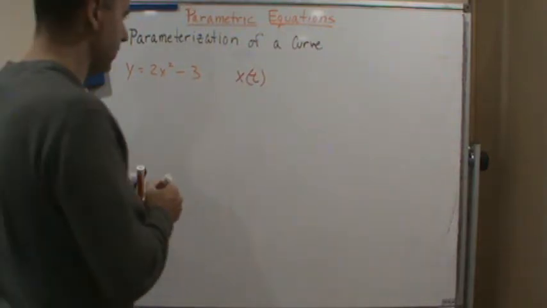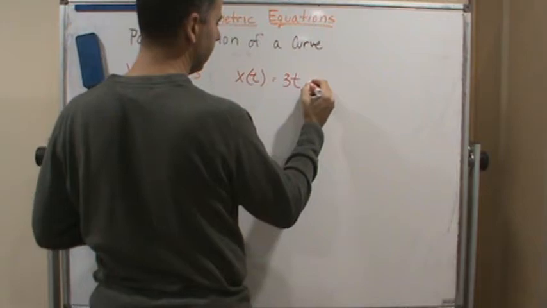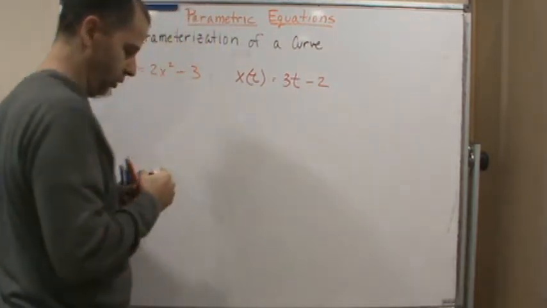So let's make x of t equal to 3t minus 2.